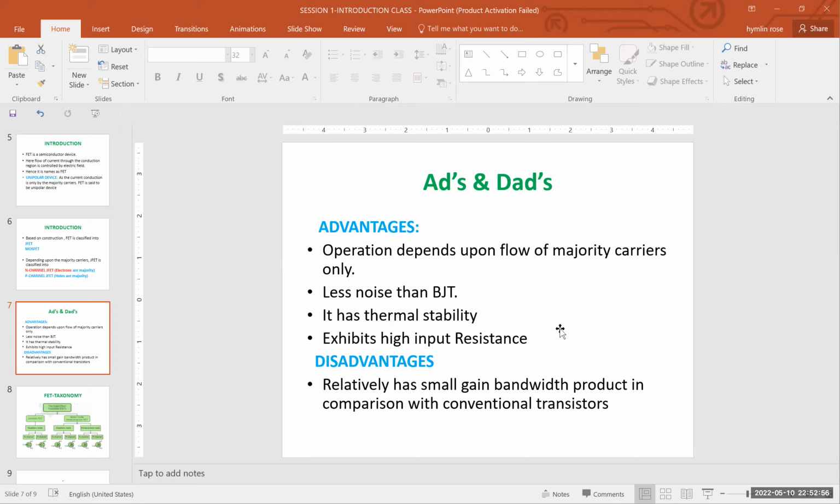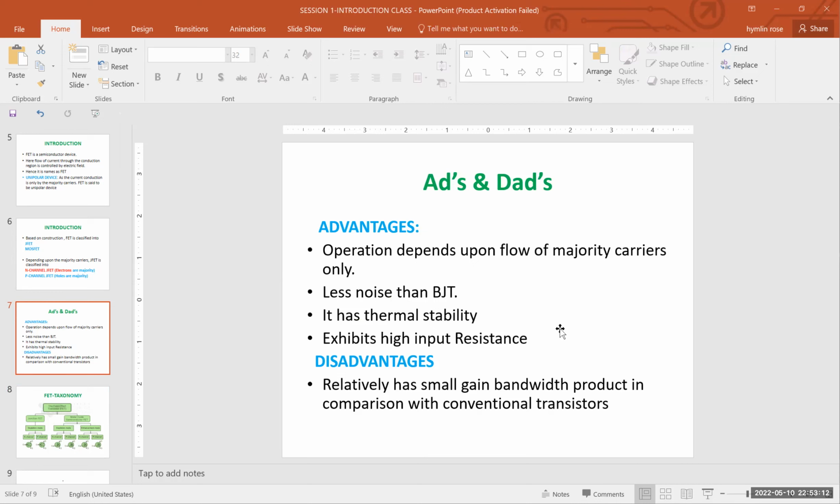But it suffers from one disadvantage: it has a relatively small gain bandwidth product compared with the conventional transistor.